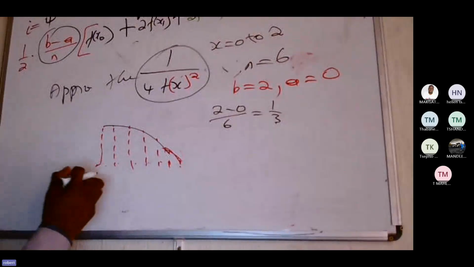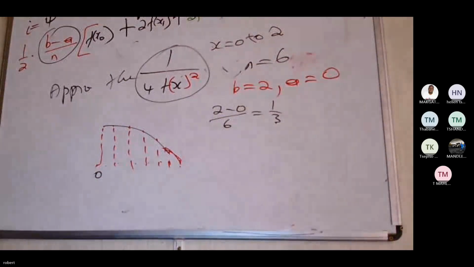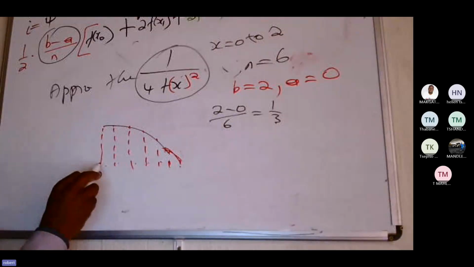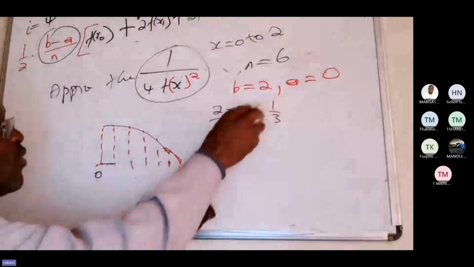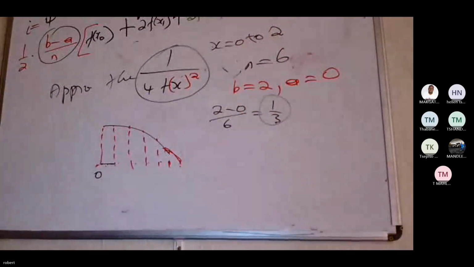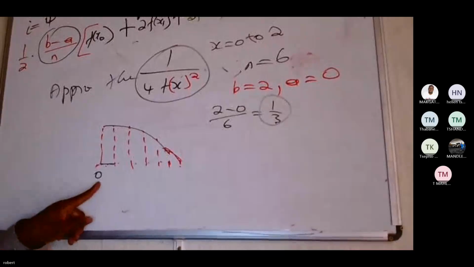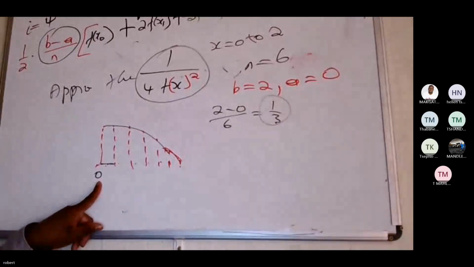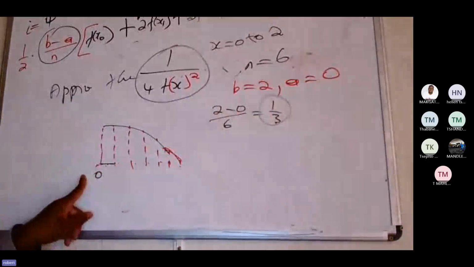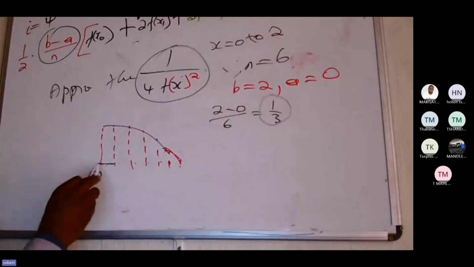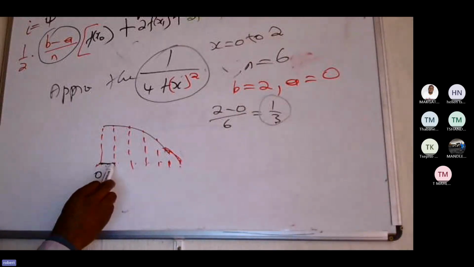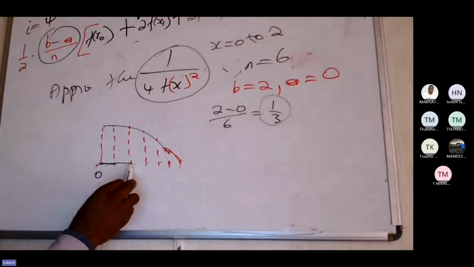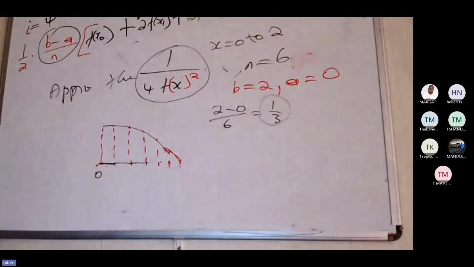If x here is 0, and from here to here is 1 over 3, the lower limit a is 0. And from here to here is the same as from here to here, and so on and so forth.